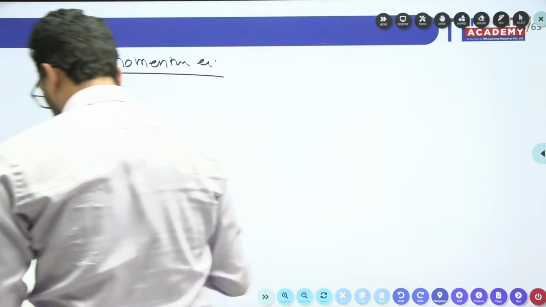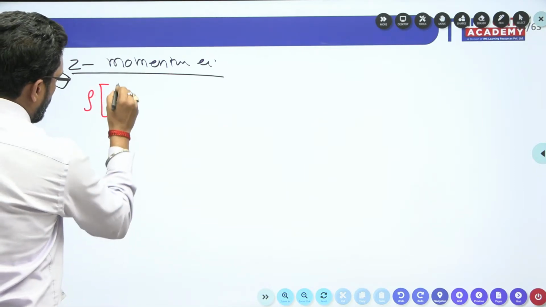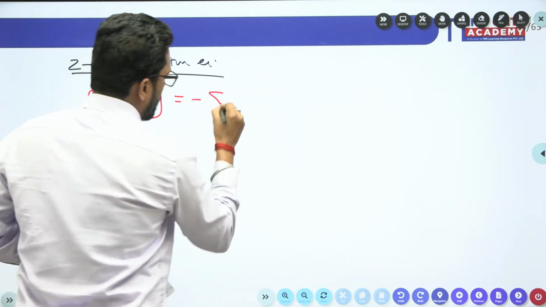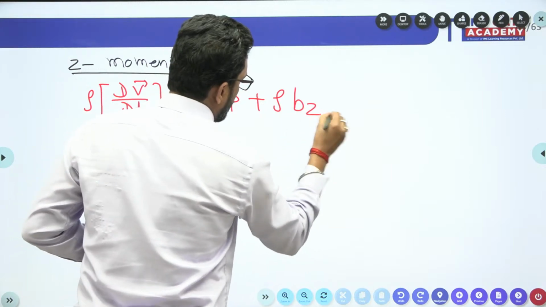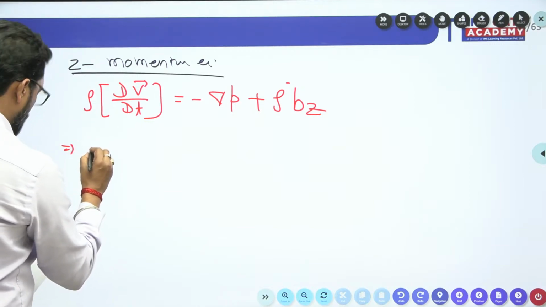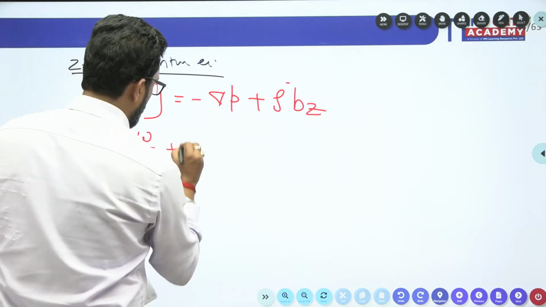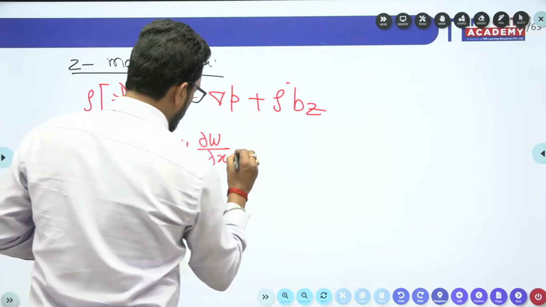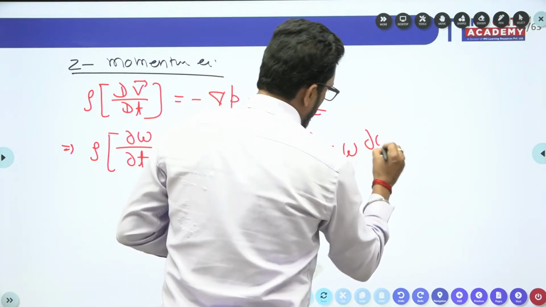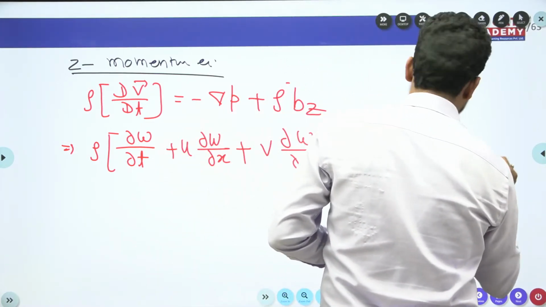The z direction momentum equation is simply rho dv vector/dt, this is acceleration, is equal to minus del p plus rho Bz. So rho times dω/dt, this is 0, plus u ∂ω/∂x plus v ∂ω/∂y plus omega ∂ω/∂z, minus ∂p/∂z plus the body force term.